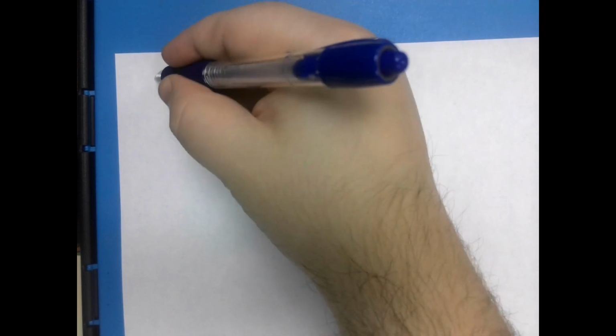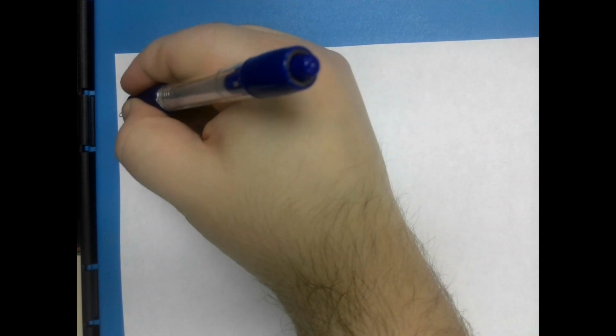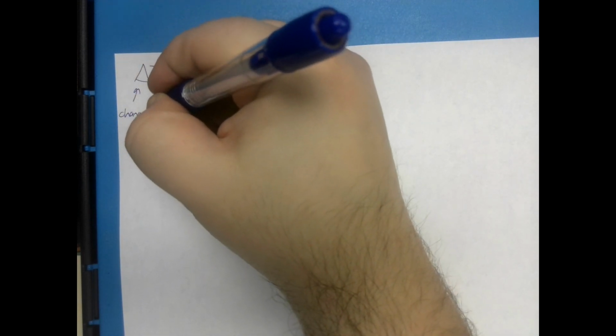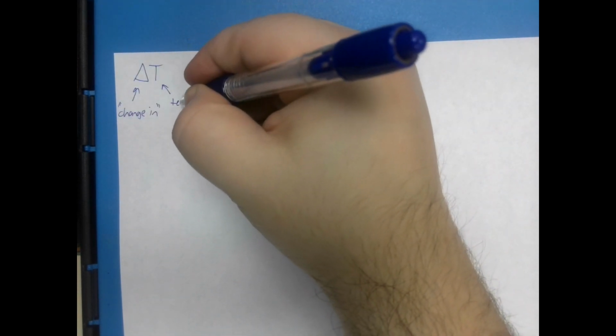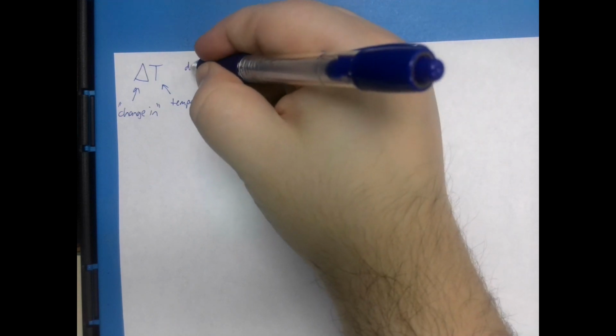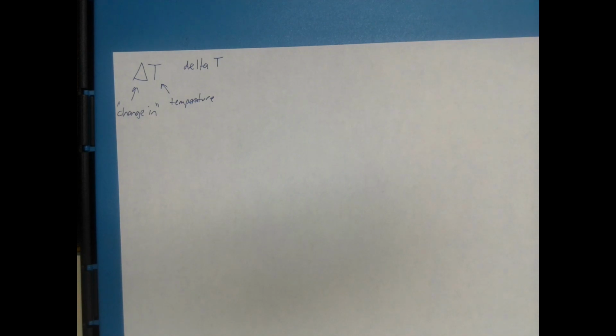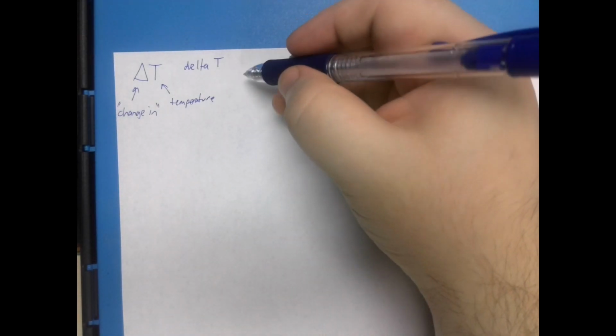So, delta T, this is change in temperature. Capital T stands for temperature, and it's pronounced delta T. The Greek letter delta is just a triangle. It's an equilateral triangle. Not quite an equilateral.